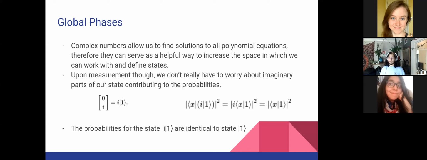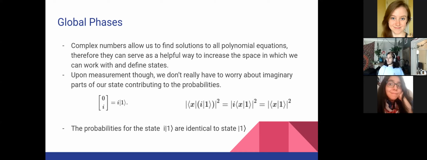So we can greatly increase the space that we have to work in to define different states, right? So using complex numbers allows us to define more states, and it makes our quantum computers and our algorithms more powerful. But when we measure a global phase, it doesn't really make a difference.